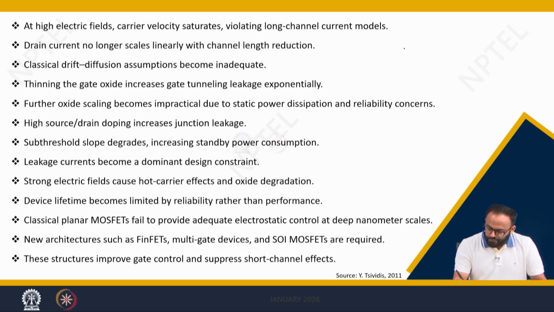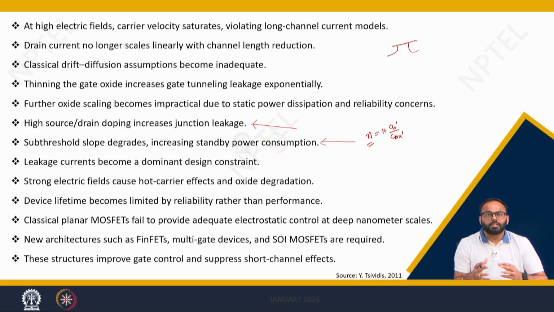As I mentioned, when you go for scaling from the longer channel to shorter channel, then multiple short channel effects come into the picture. For example, high source drain doping causes leakage, which we have already discussed. Subthreshold slope degrades, as we have seen that n is not scaled in the classical theory definition. If the subthreshold slope is not scaled, then you need to think about some other way to scale it.